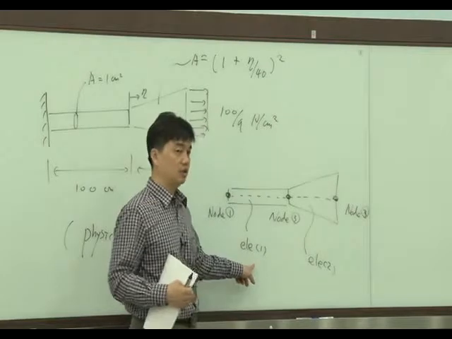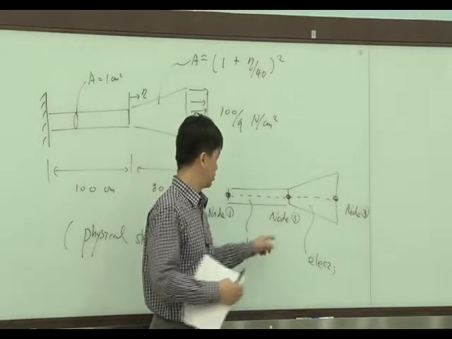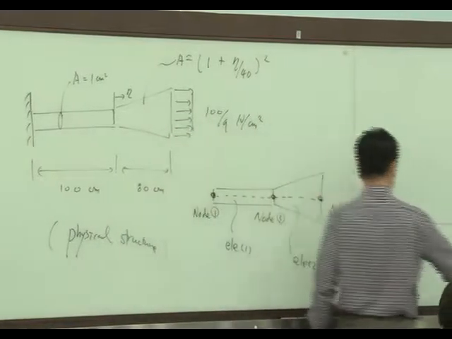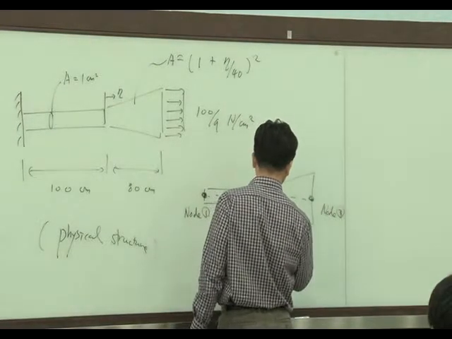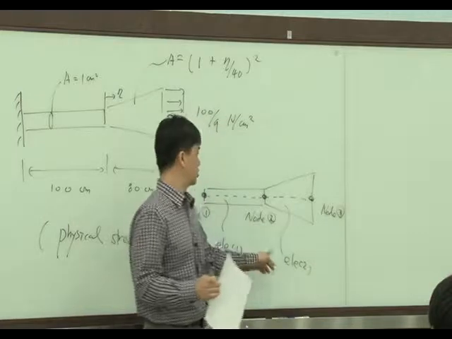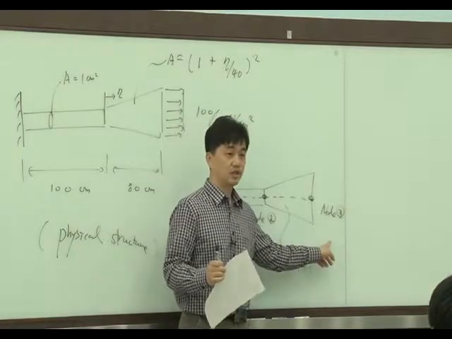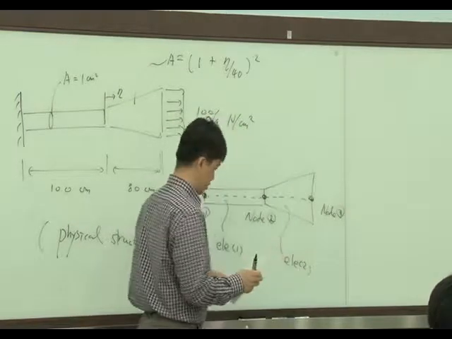Element 1 has node 1 and node 2. Element 2 has node 2 and 3.